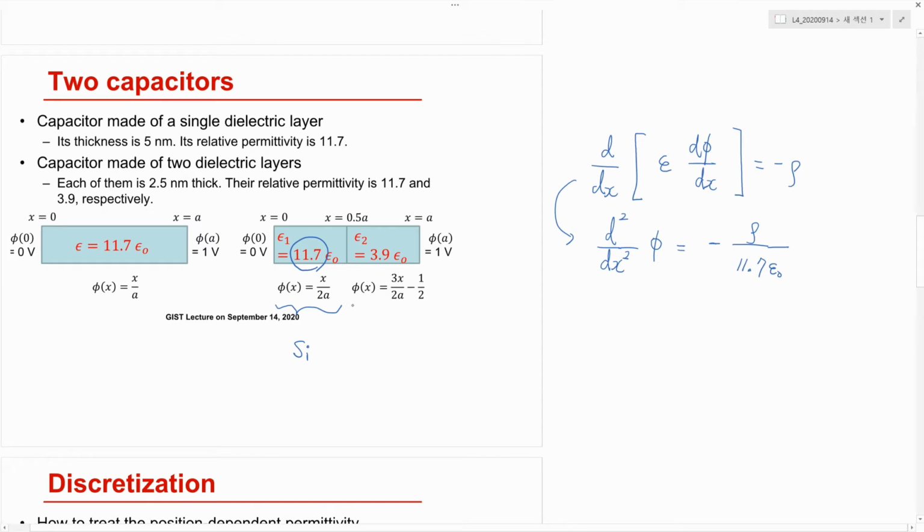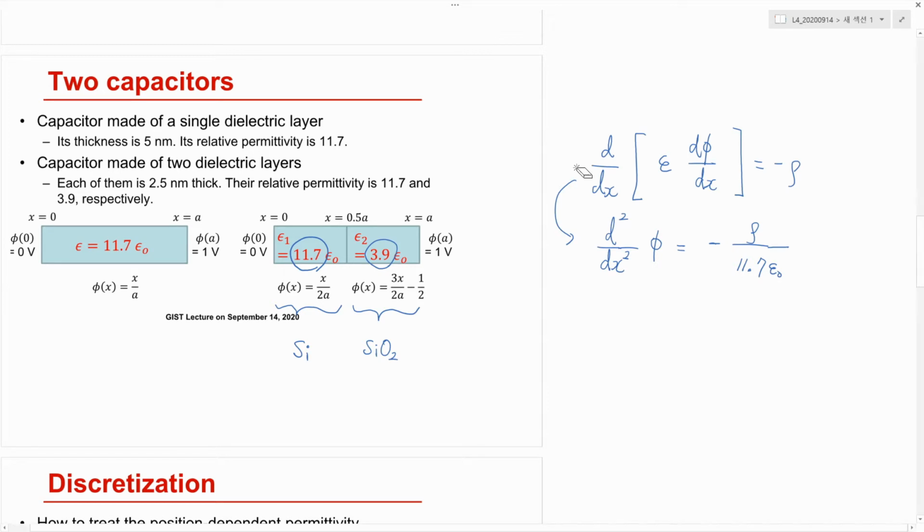And how about the remaining half? In this case, we have a relative permittivity of 3.9. What is it? This corresponds to silicon dioxide. So now we have a sample where half of it is made of silicon and half of it is made of silicon dioxide. Then what will happen to this sample?